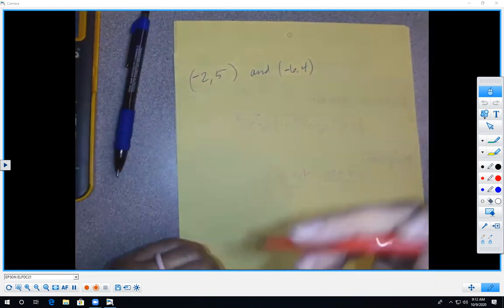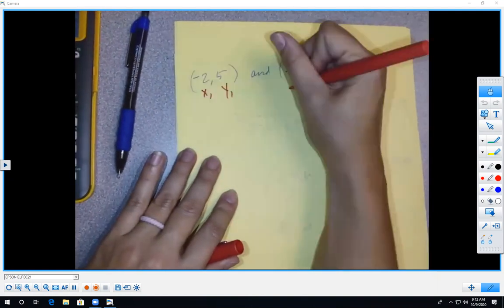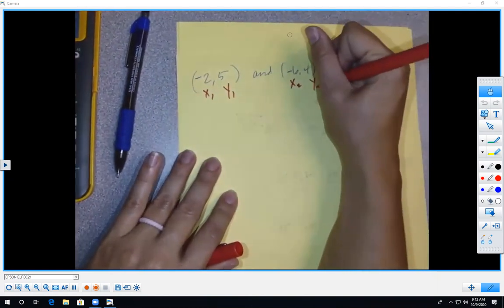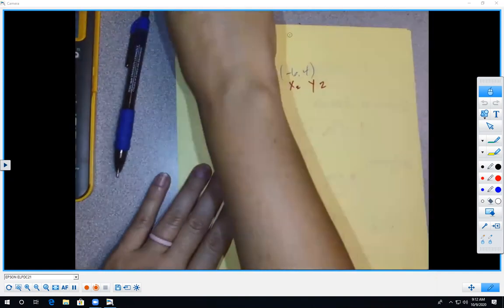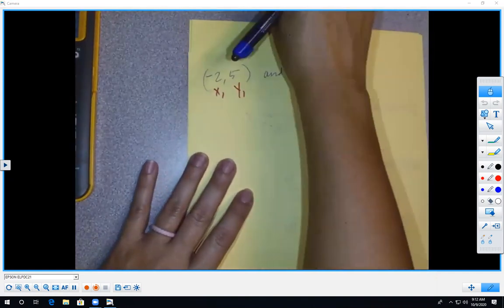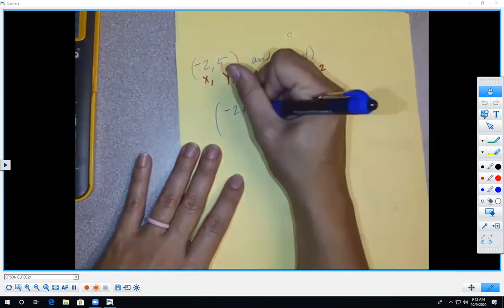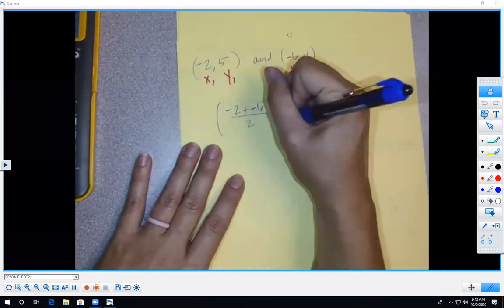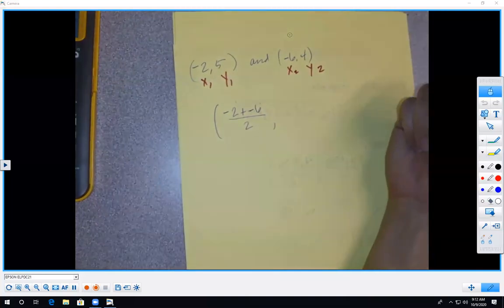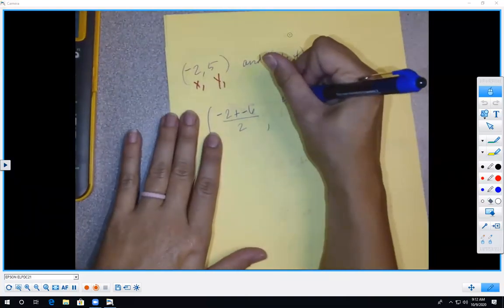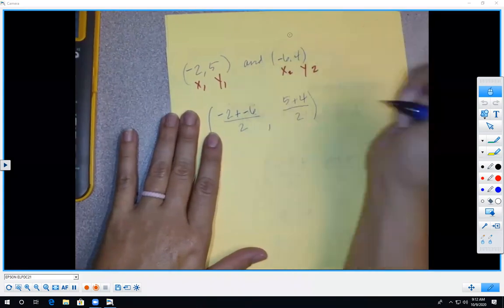Again, they're labeled x1, y1, x2, y2, and I plug them in. I get (x1 plus x2) divided by 2, so -2 plus -6 divided by 2. The y part of the ordered pair is 5 plus 4 divided by 2.